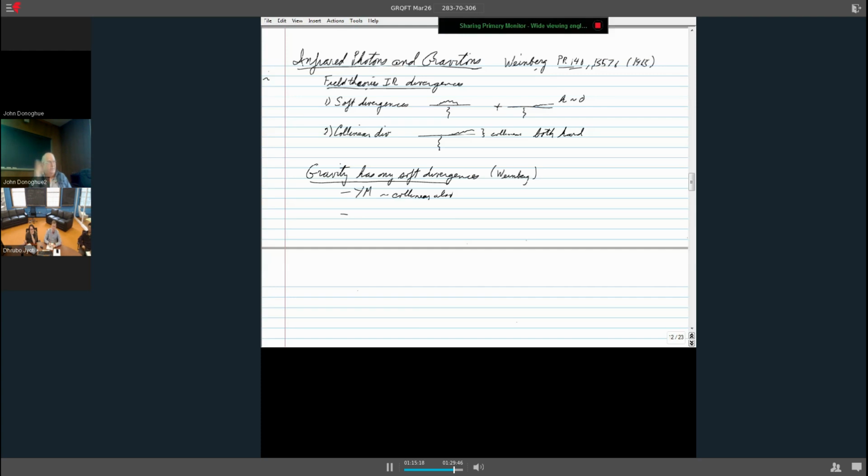Gravity is actually a better behaved theory than Yang-Mills in this. Gravity has only soft divergences. This is part of Weinberg's work here, the first one to point that out.